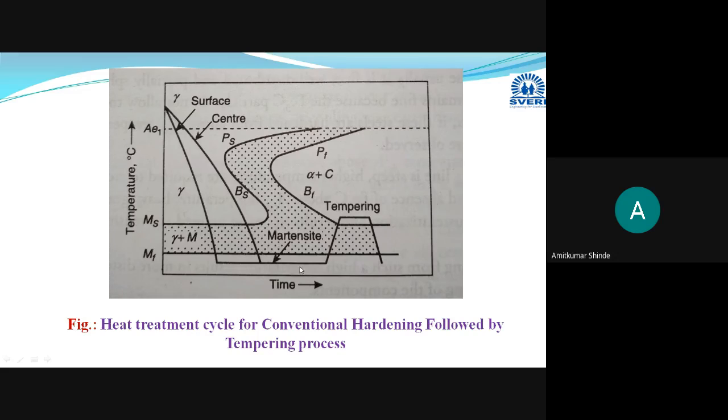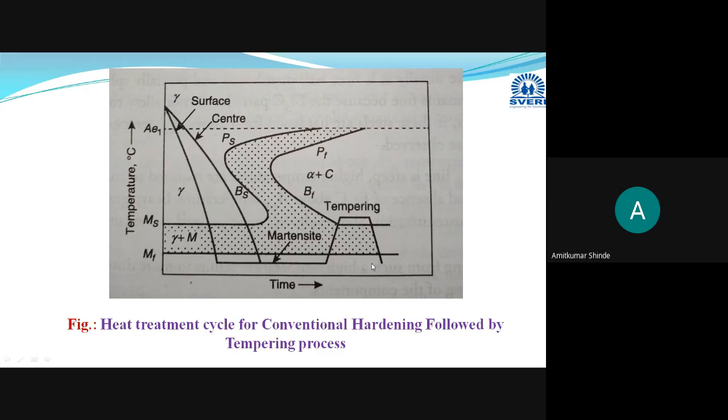To avoid that, we again take that component and heat it to the 100 to 200 degrees Celsius temperature, hold there for 1 or 2 hours and cool it to room temperature again. Due to this, whichever thermal stresses are there will get eliminated. You can call this low temperature tempering, or a post heating process also. But it consists of one cooling cycle. That's why it is termed low temperature tempering.